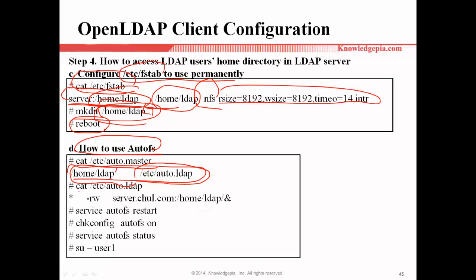Then we need to create this file /etc/auto.ldap. Here the star means everything, with the option rw, and server.chur.com's directory /home/ldap, and all will be auto-mounted, where here means the /home/ldap directory. And after that, service autofs restart, chkconfig autofs on, and check the status, and after that, try it.